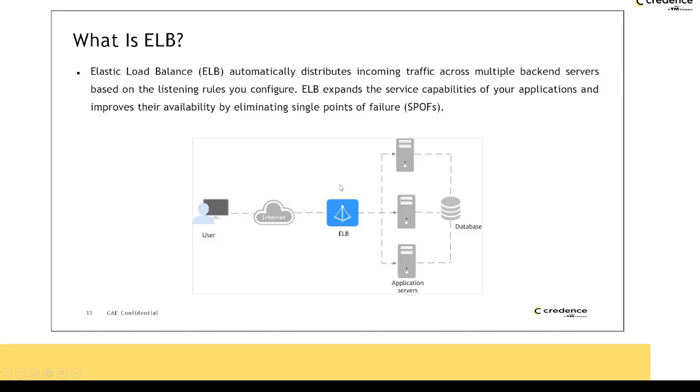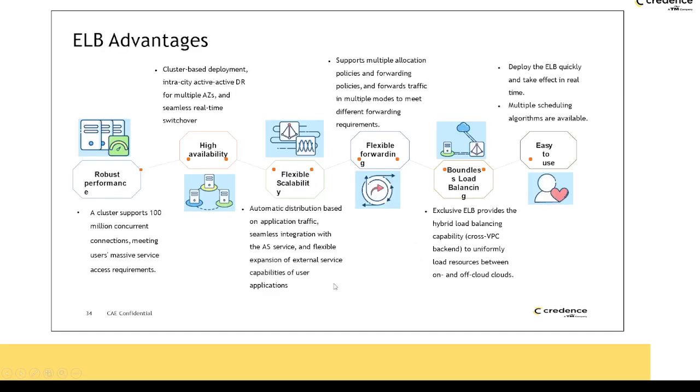We can use the ELB in the middle between the internet and the cloud to manage the incoming traffic to the multiple backend servers and distribute it evenly, so that it can eliminate SPOF.